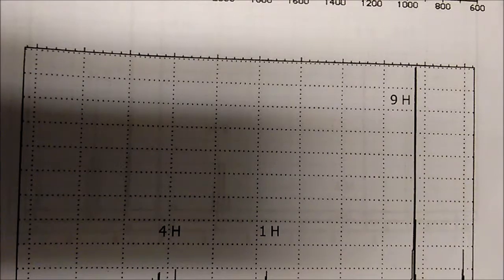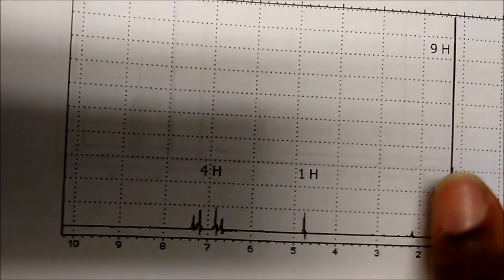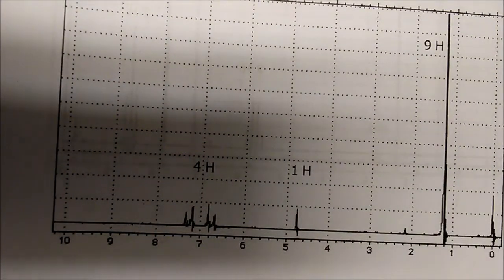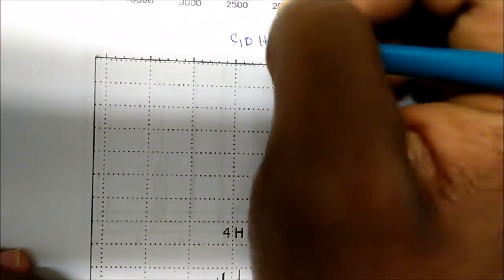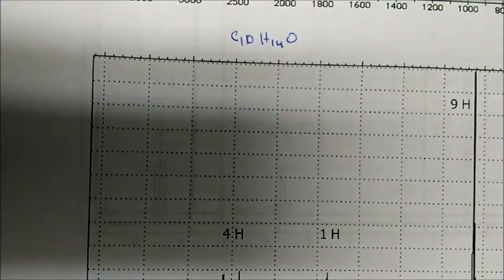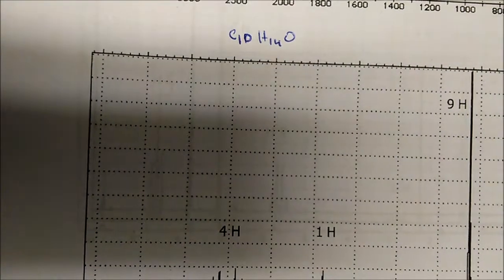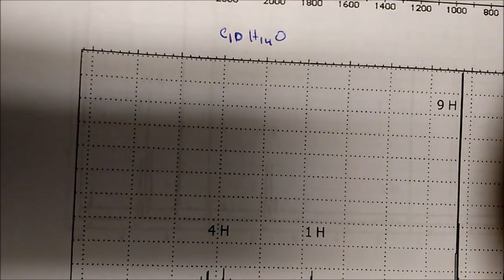This is what I want you guys to focus on. I'm looking at this graph, and we're given the molecular formula, C10H14O. How would I tell what's going on? Usually, I look at my NMR graph.